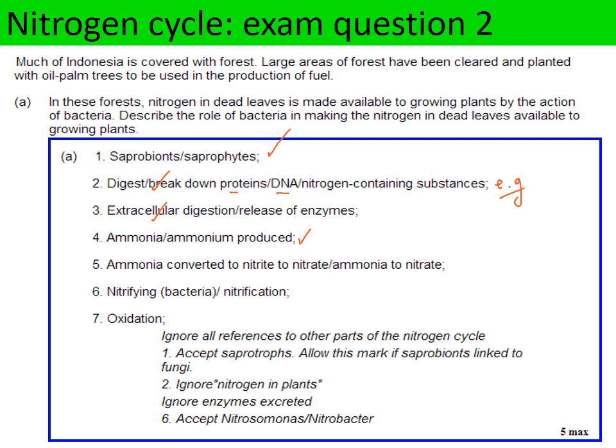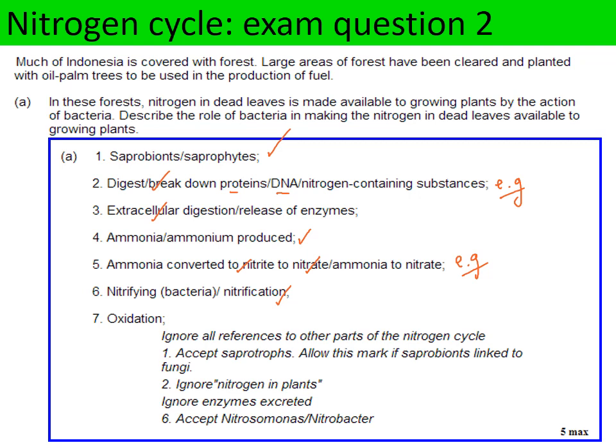Right, we now know ammonia or ammonium ions is converted to nitrites first and then to nitrates through the two types of bacteria, Nitrosomonas and Nitrobacter. So we're also going to give these two in the answer as an example. And this is called nitrification. And we could have mentioned the type of reaction. Well, we know it's an oxidation reaction.